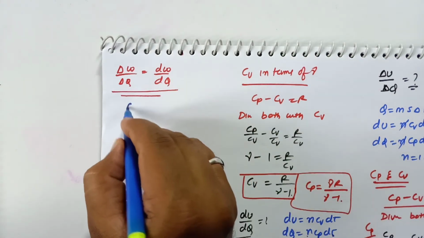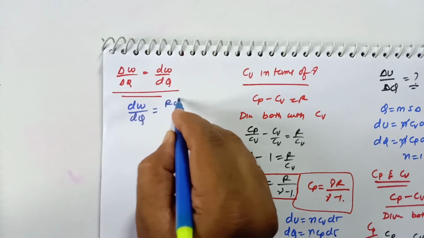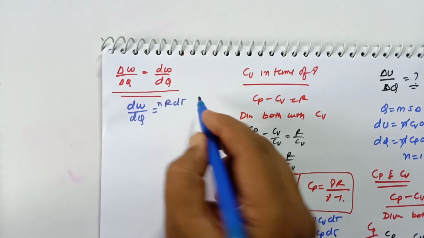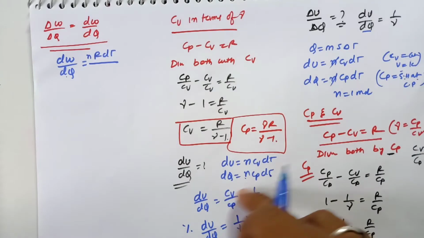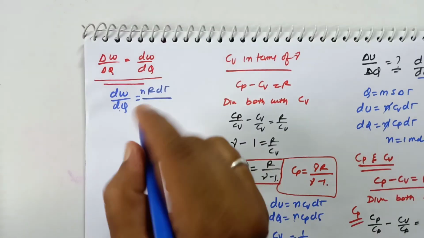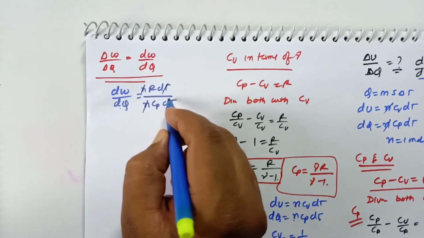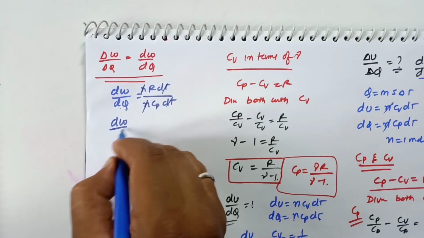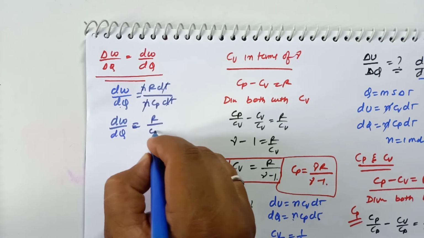Now first thing is delta W by delta Q. So delta W is R dT or nR dT, whatever it may be. So what are you going to consider dQ here? See, dQ means n Cp dT. You just write n Cp dT. So n gets cancelled, dT gets cancelled. So dW by dQ can be taken as R by Cp.